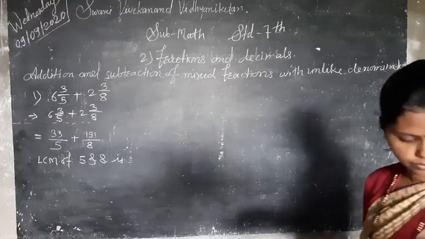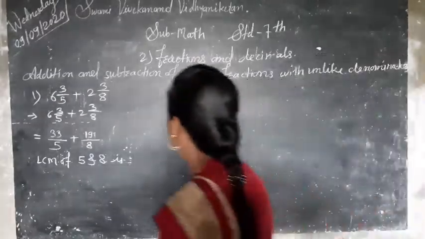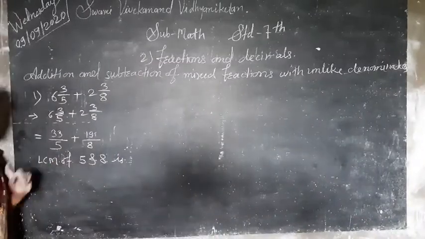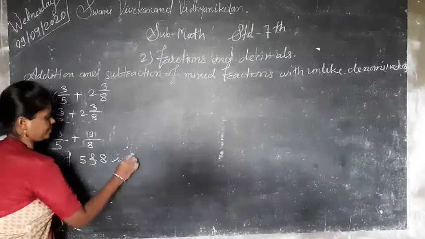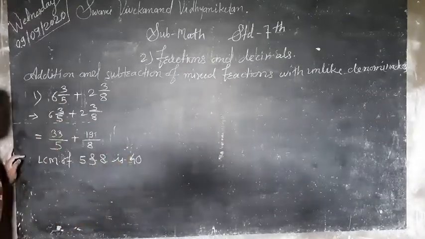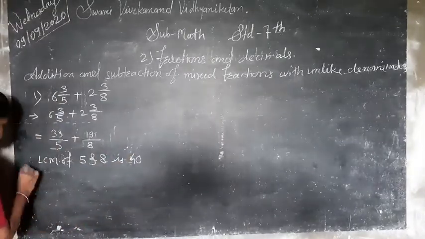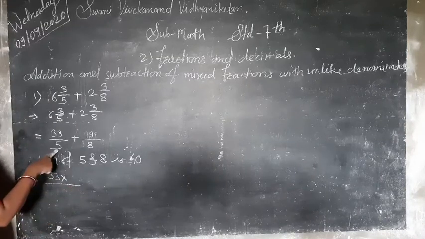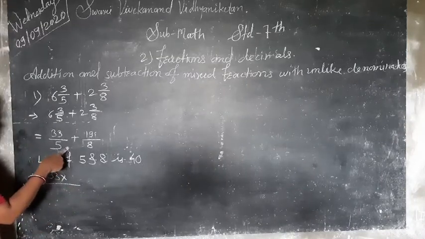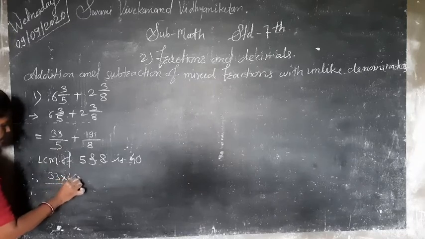So the LCM of 5 and 8, you check it, it is 40. So now, therefore, 33 upon 5. 5 8s are 40, so it's 40.